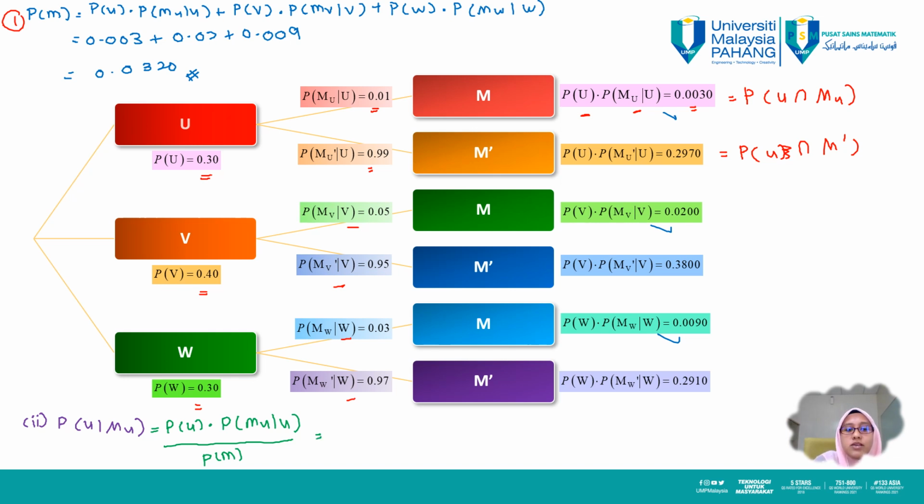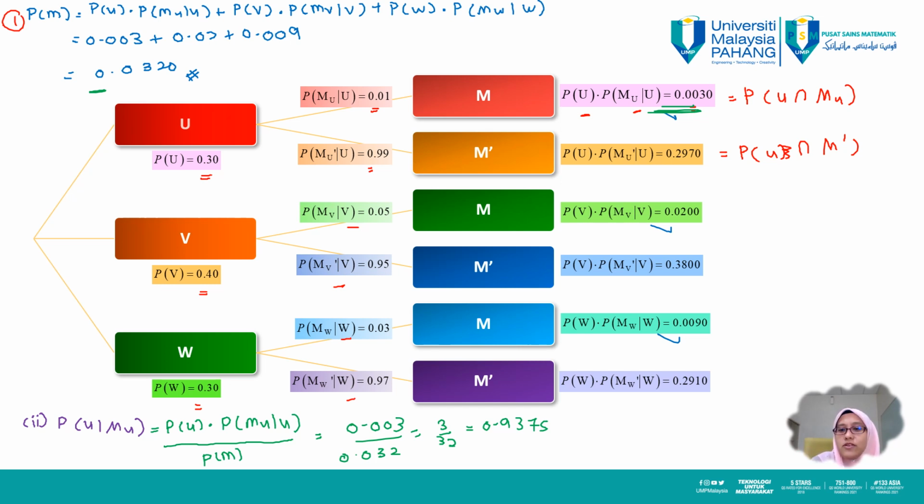So P(U) multiplied by P(M given U), we already have here, 0.003, divided by the total mistake we already calculated in number one, 0.032. So the answer is 3 over 32, or 0.9375 in decimal. Okay, so this is for number 2.